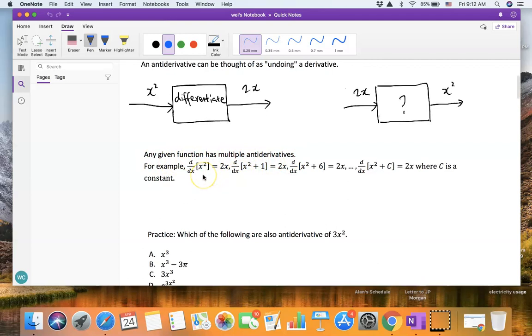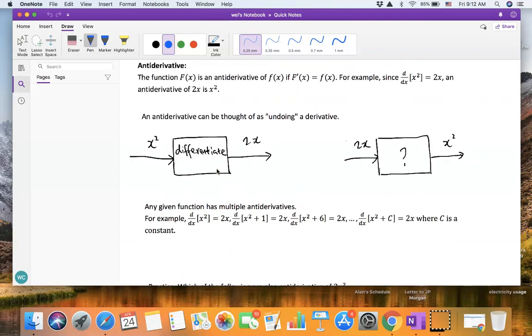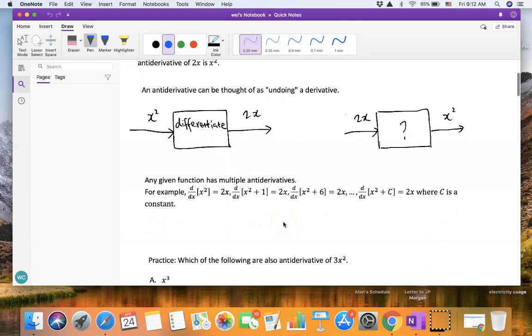Why? Because say the derivative of x squared is 2x, so the antiderivative of 2x is x squared, right? And also, since the derivative of x squared plus 1 is also 2x, right?